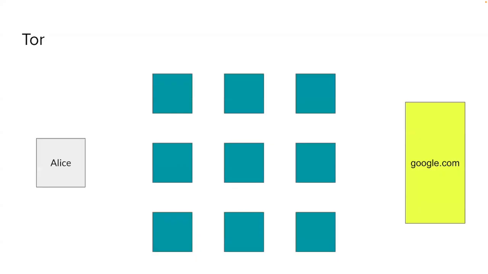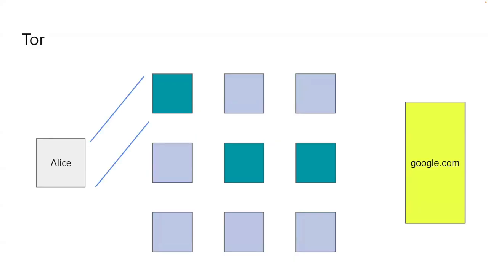So the high level idea is that let's say Alice wants to set up a connection to Google, and there will be a bunch of Tor relay nodes in between. We have 9 here in this case. Alice is going to select a subset of them and set up a connection using the Tor protocol.